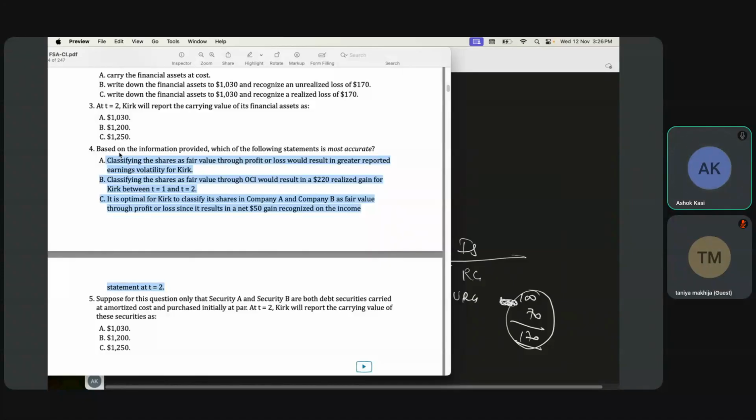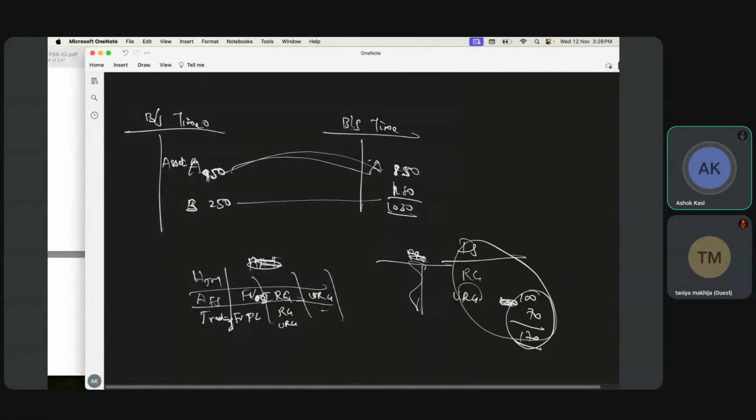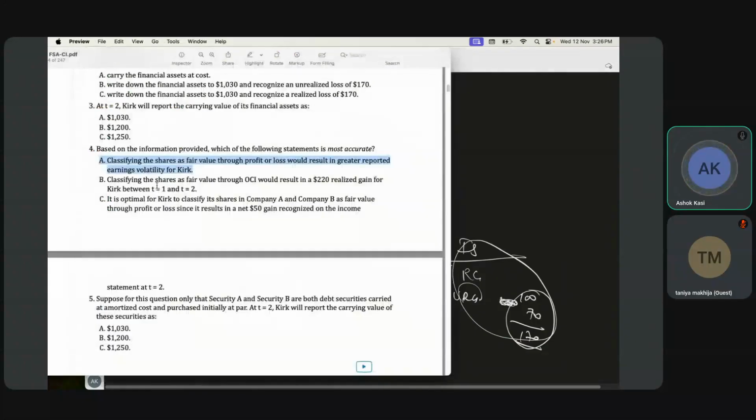Classifying shares as fair value through profit and loss would result in greater reported earnings volatility. Yeah, this is possible because all realized and unrealized will come under the income statement. So more volatility is possible. But let's see other options.